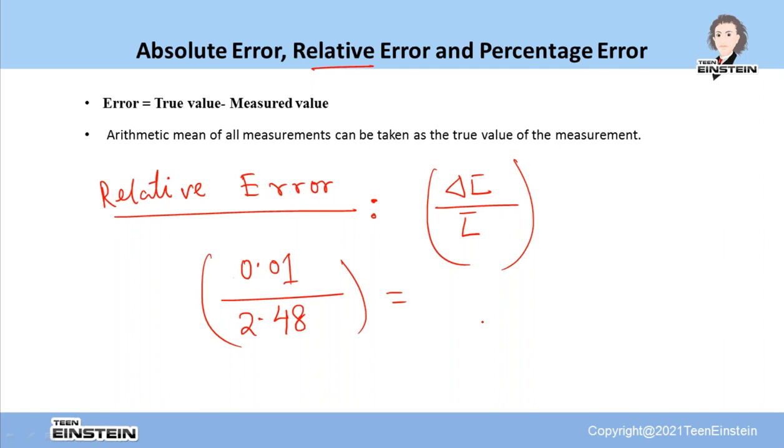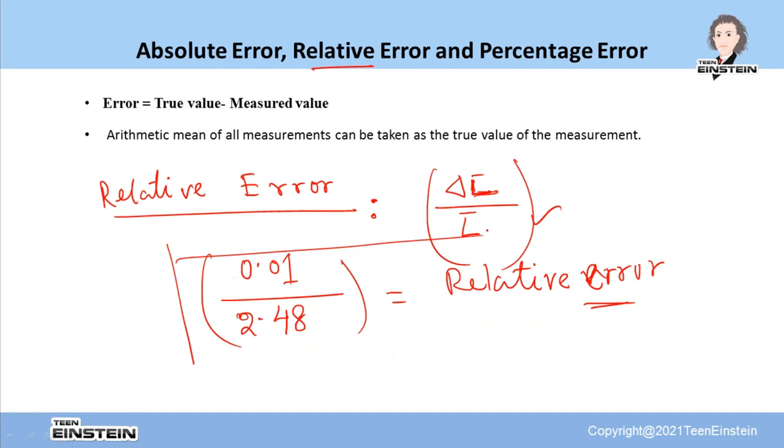So this is actually called relative error. Do you understand what is relative error? It is the ratio of mean absolute error to the true value of the length.